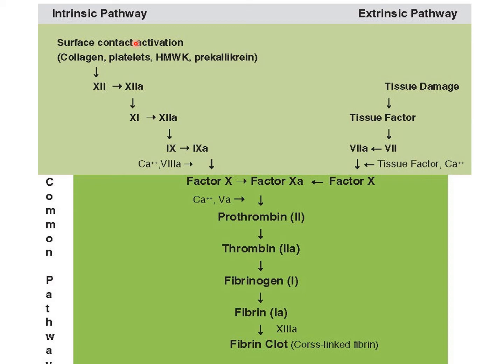This mechanism whereby there is a delicate balance between the procoagulant and anticoagulant activity in the blood is part of the homeostasis, which is maintenance of constant internal body environment. So the anticoagulants normally predominate.